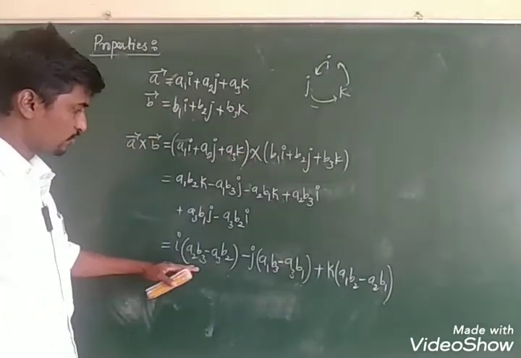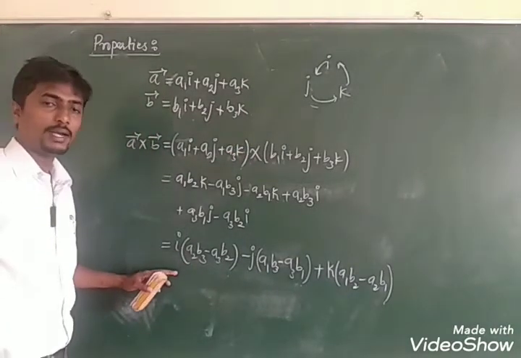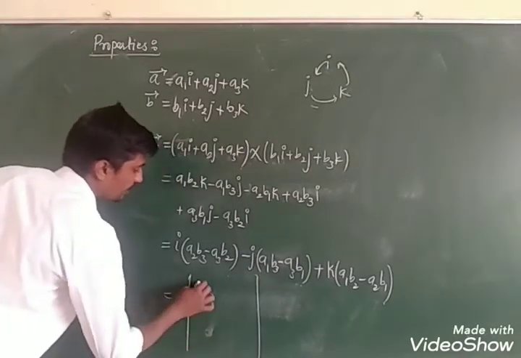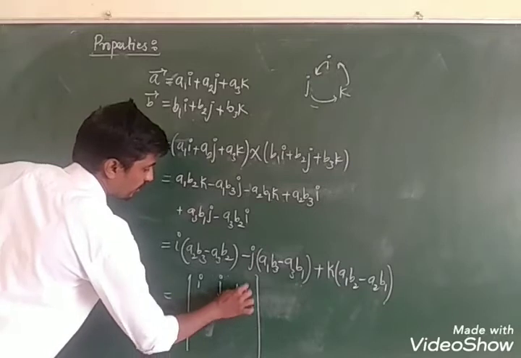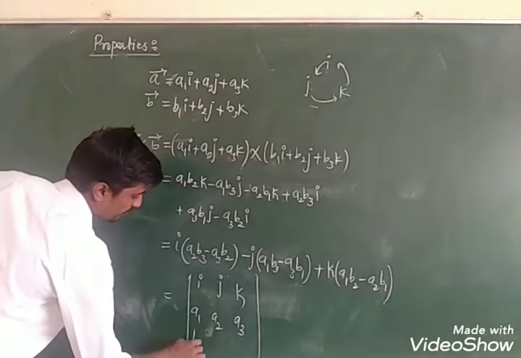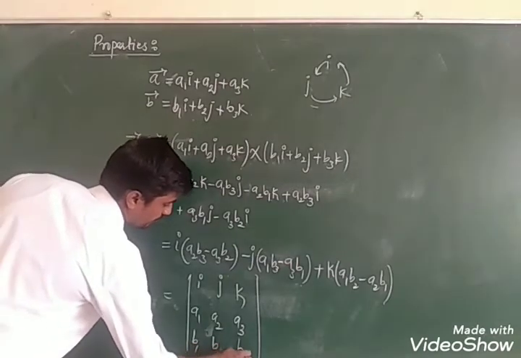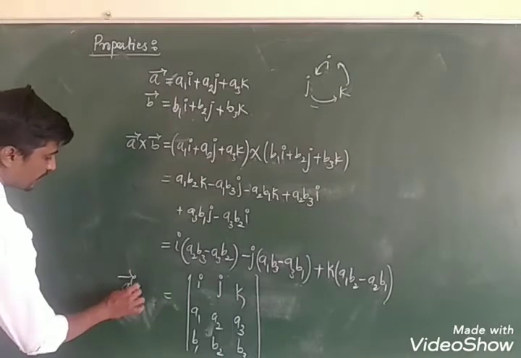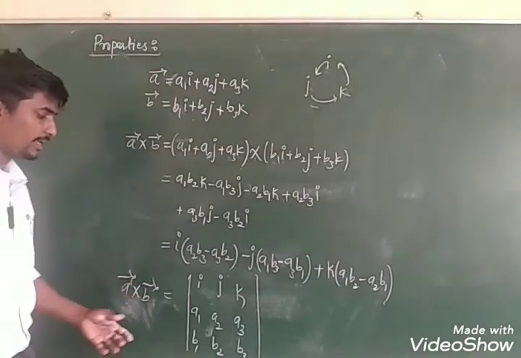Yes, so this is the A cross B value, and I can write it directly in terms of the determinant of I, J, K, A1, A2, A3, B1, B2, B3. So you can use this format to solve any examples.